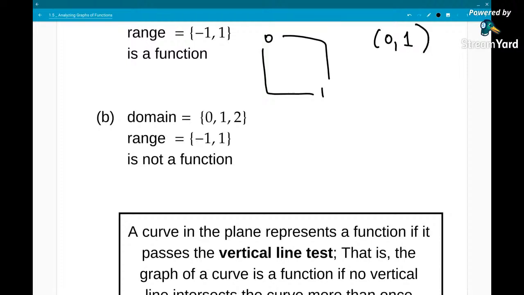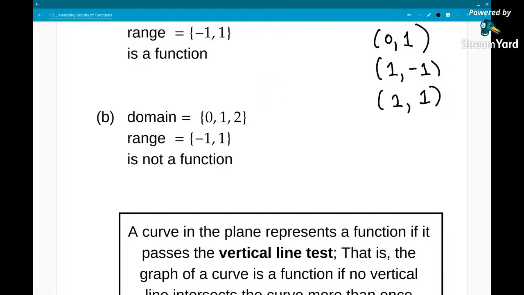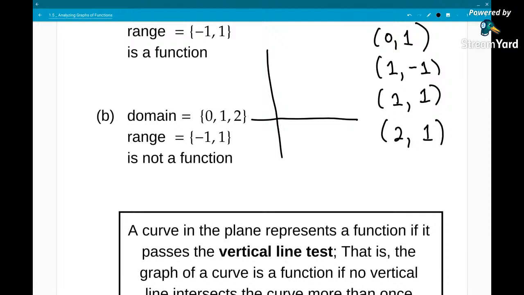Now, when 1 comes in, we'll make 1 become the bad child, the one where it's not functioning. So 1 is now going to pair with 2 different outputs. And then we'll let 2 be the good child. It doesn't really matter. I'll just choose 1 again. All right, so now if I were to plot these, 0, 1, no big deal. 1, 1, and 1, negative 1.